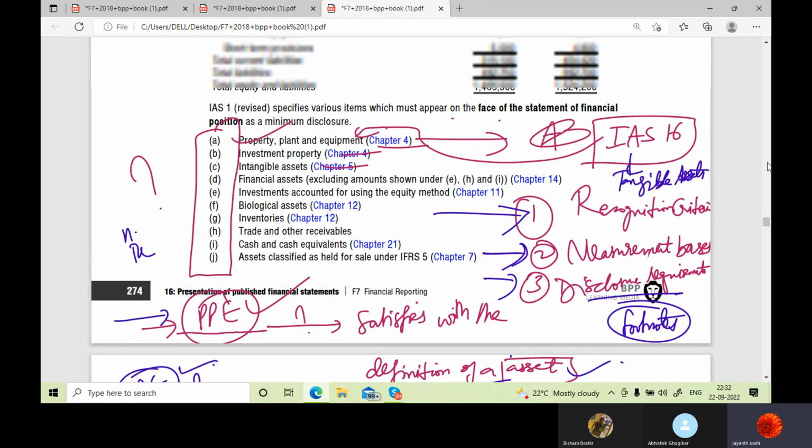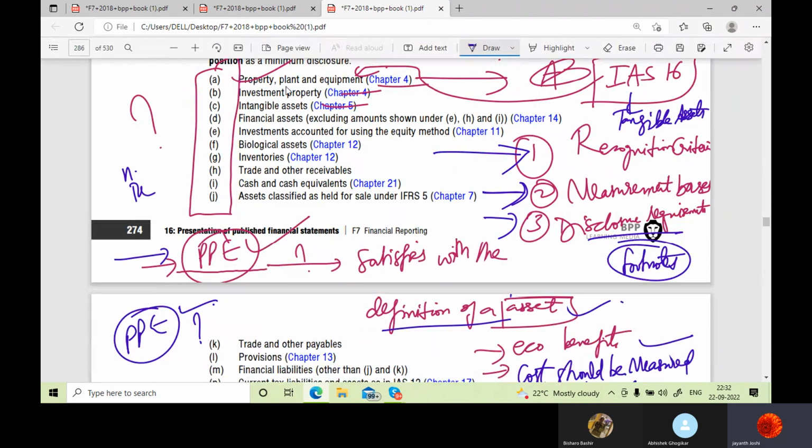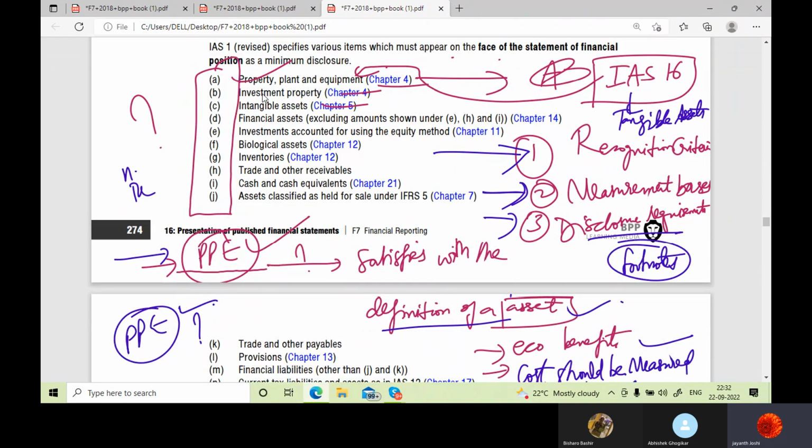Fine. So these are all the types of assets you are seeing: property, plant and equipment. International Accounting Standard 16 deals with that. IAS 40 deals with investment property. IAS 38 deals with intangible assets. Need not worry, you don't have to remember all these standard numbers, I'm just writing.